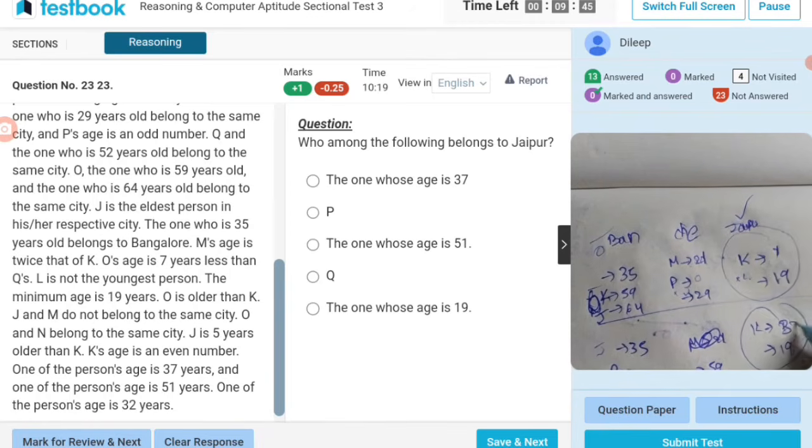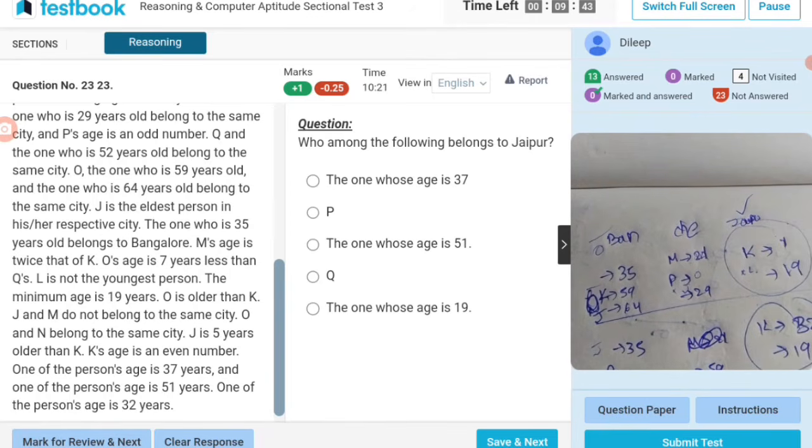K is 32. O is elder than K. So I think O is more than 32. So 59 or 52, 35 already here, and 19 not, 37 or 51.